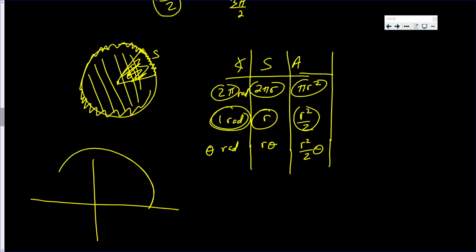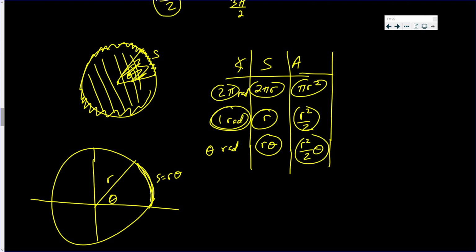I guess I didn't need to draw the XY axes, but if you have an angle of theta degrees and the radius is r, then this arc length is going to be r times theta, and the area is going to be r squared over 2 times theta.